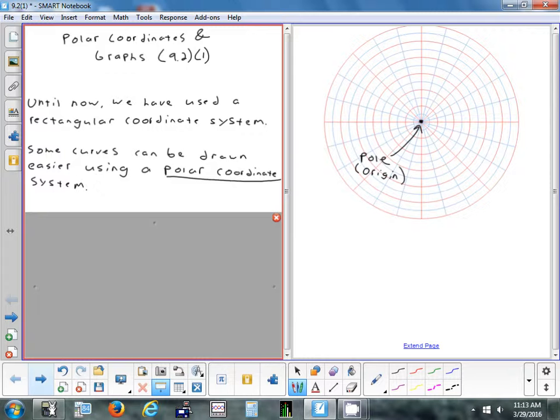And rather than measuring a horizontal and a vertical distance, we're going to measure a radius, okay, how far we are from the pole, and then an angle on this circle. Okay, so those are the two key things we're going to have to find: a radius and an angle, okay, not an x and a y.